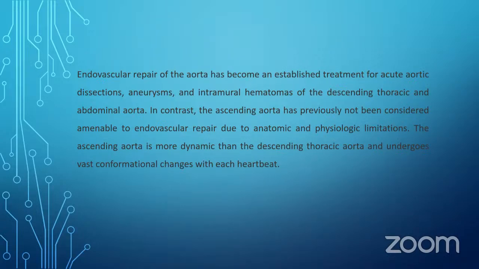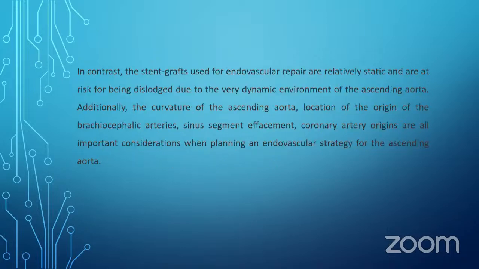The ascending aorta is more dynamic than the descending thoracic aorta and undergoes faster conformational change with each heartbeat. In contrast, stent grafts used for endovascular repair are relatively static and are at risk of being dislodged due to the very dynamic environment of the ascending aorta.